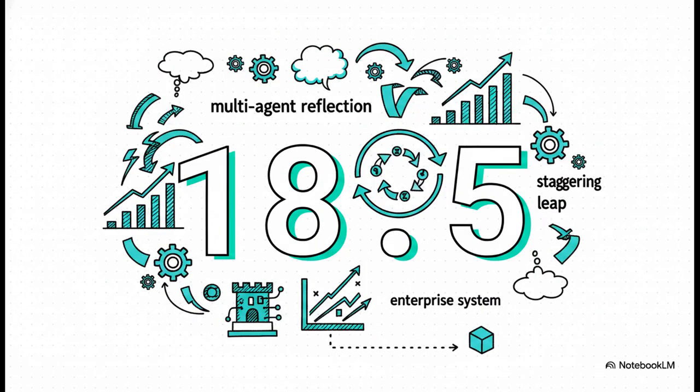I really want to pause on this number for a second. 18.5. Because implementing this exact multi-agent reflection pattern can improve problem-solving accuracy by up to 18.5 percentage points. That is just a staggering leap in reliability. We're not talking about a little minor tweak here. We are talking about the difference between a fun novelty tool and a highly trusted enterprise-grade system.